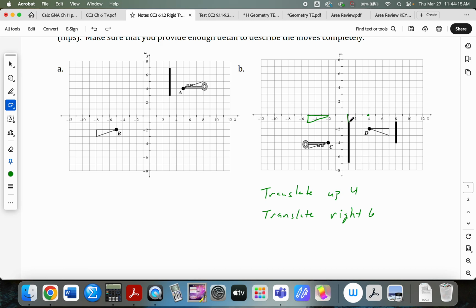So far, this is looking exactly alike. And then I reflected it on x equals 4. Okay, so reflect over x equals 4. So that's right there. So it's going to look like this. And then translate it down.